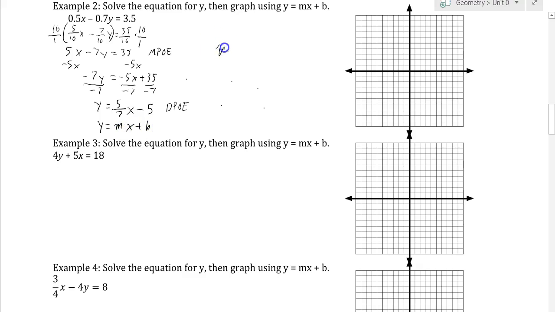So we can identify that the m is 5/7. That's going to be our directions, our rise over run between 2 points on our line, which means we need 1 point to start from so that we know where to go. And so that point is the b, the y-intercept, -5.